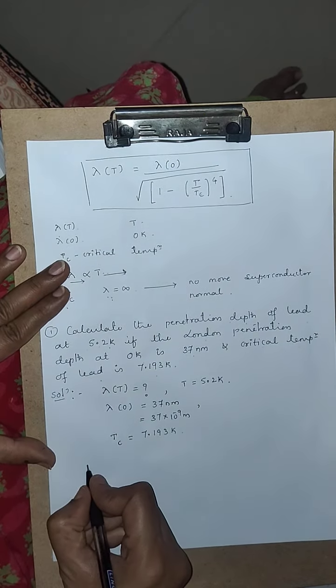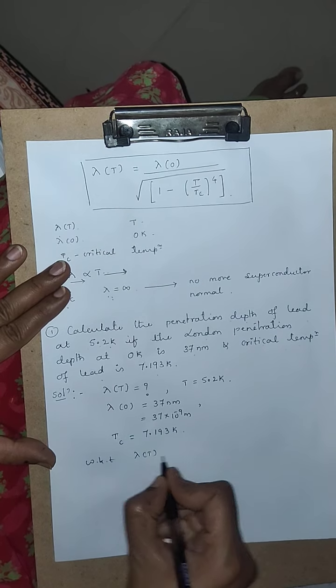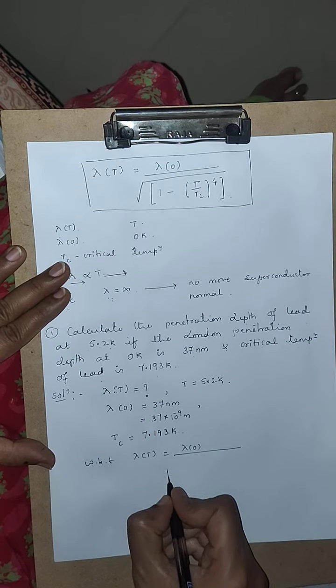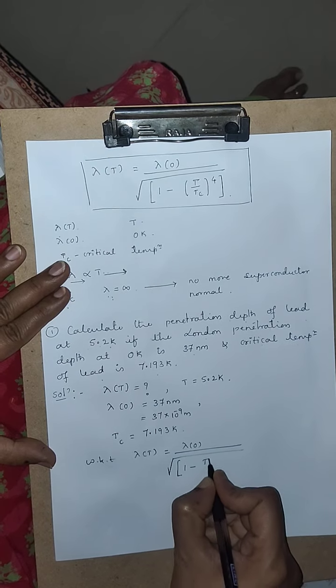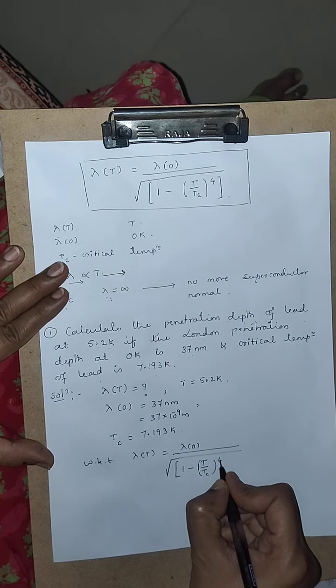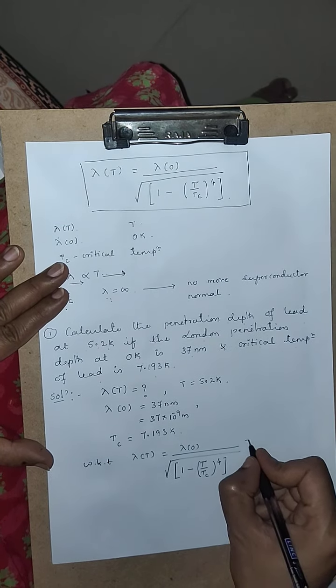Let's use the formula now. We know that lambda of T is equal to lambda of 0 divided by square root of, inside the bracket, 1 minus T divided by Tc, one more bracket since it is the fourth power, bracket complete. Now substitute the values.